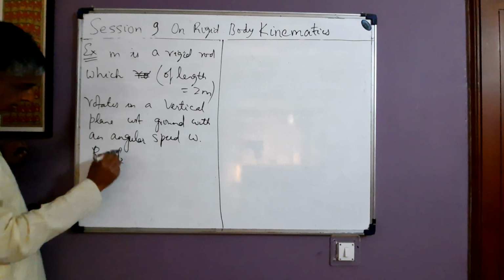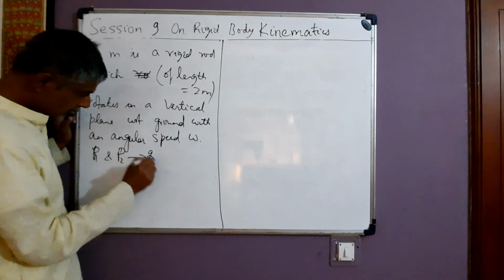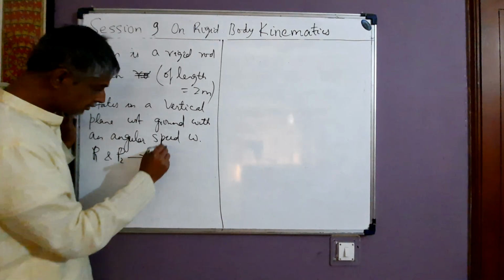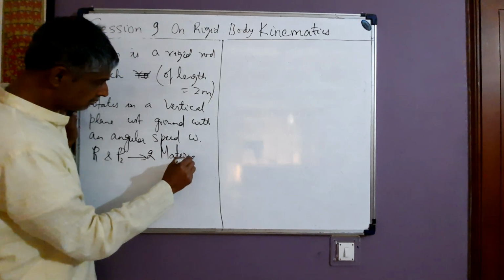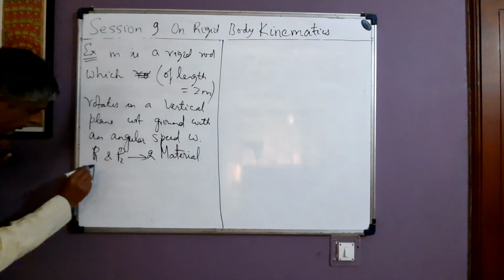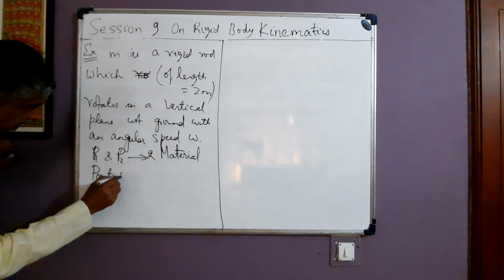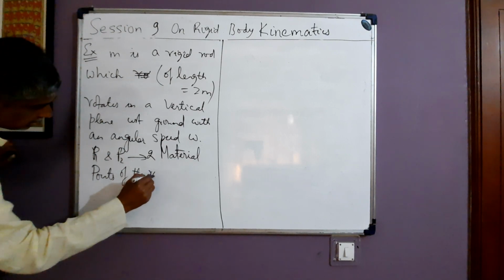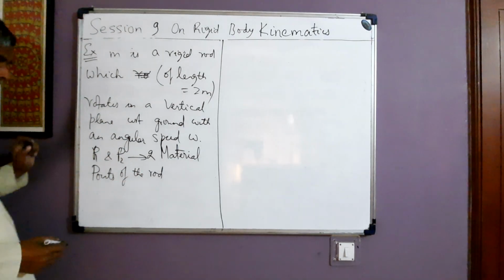P1 and P2 are two material points of the rod.